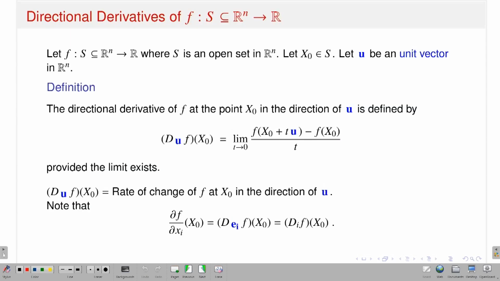Now there is another notion called the directional derivative. You will see, when I talk about the definition of the directional derivative, that if I fix the directions to be the coordinate axes, then you end up with the partial derivatives I just discussed.